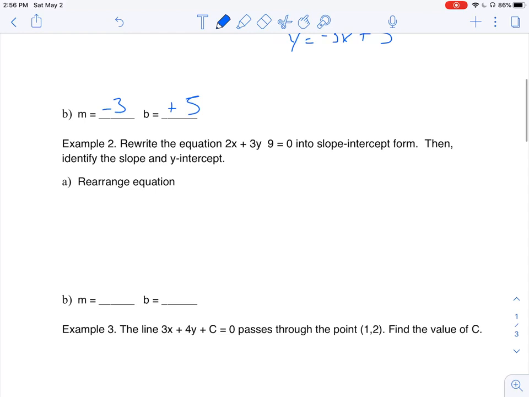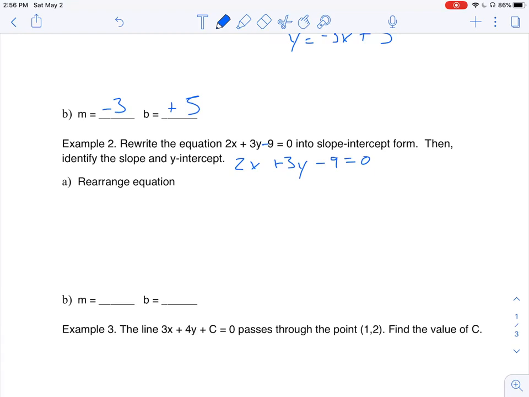So example 2, rewrite the equation 2x plus 3y minus 9 equals 0 into slope-intercept form, then identify the slope and y-intercept. So same thing. I have 2x plus 3y minus 9 equals 0.